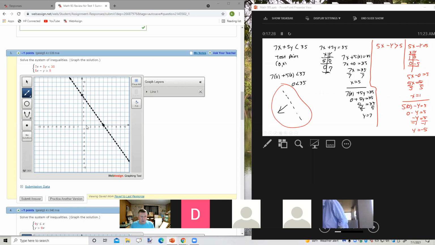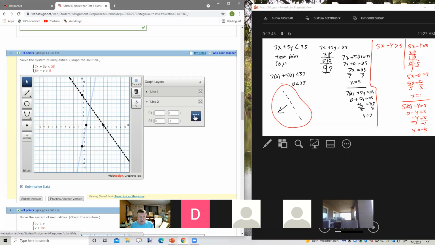I've got 1, 0, and 0, negative 5. But this also does not include equals, so line 2 has to be dashed as well.